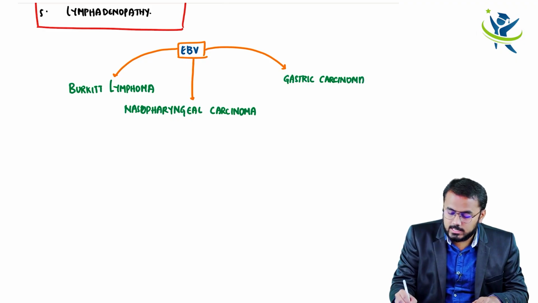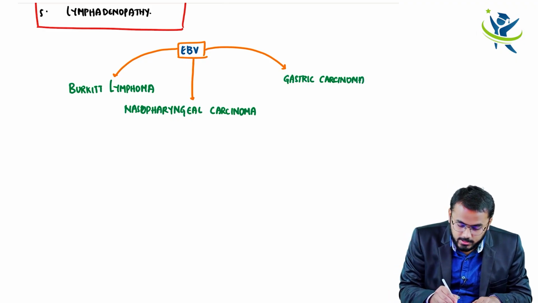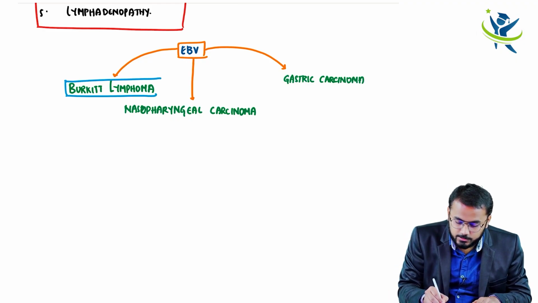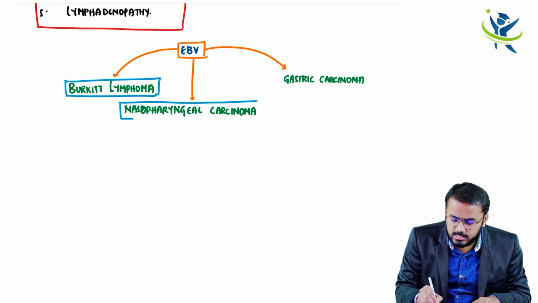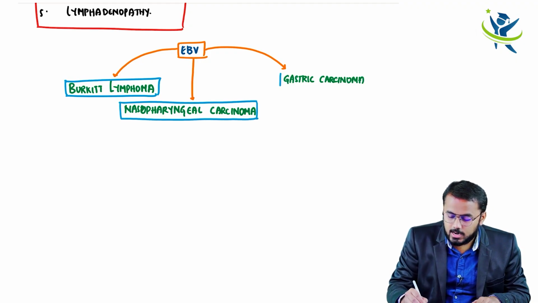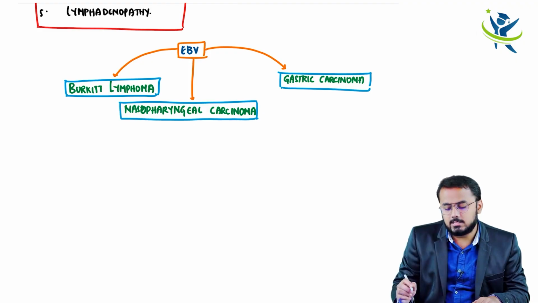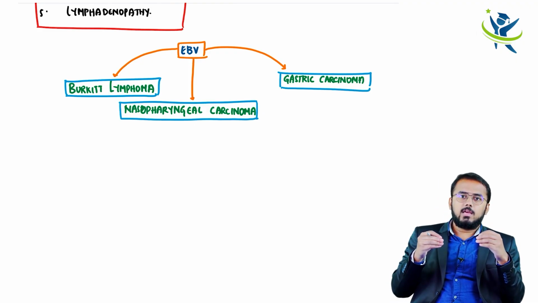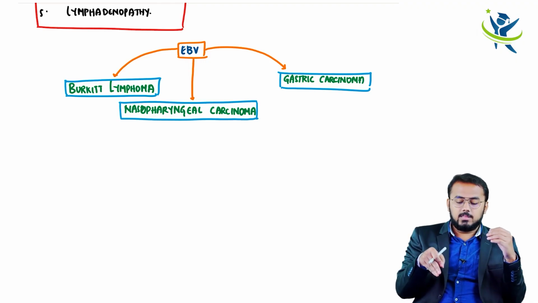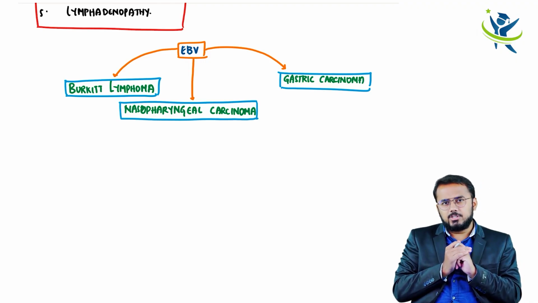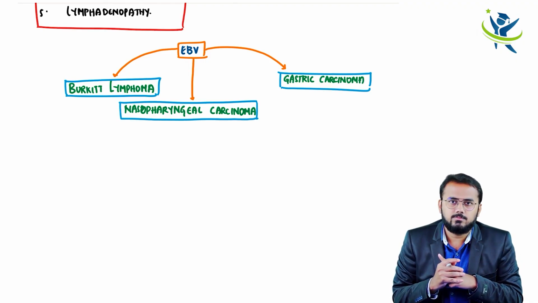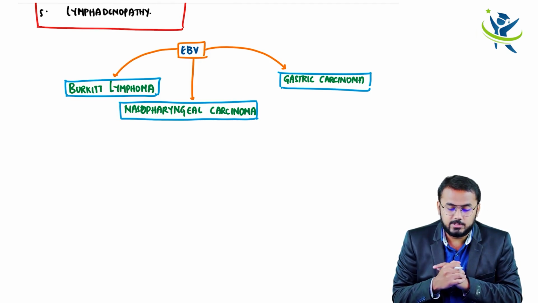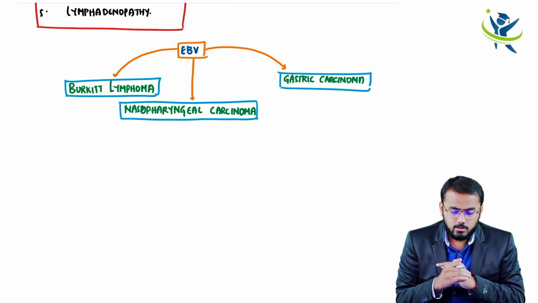So, these are the three important things one has to keep in mind before dealing with this patient. These are the associated conditions. Associated conditions means these are the cancers which are associated; these EBV patients are at higher risk of developing these cancers. Along with the EBV infection, the patient can also have these cancers. This is very important, guys. This thing which I have mentioned is very important. Keep it in mind. Okay.